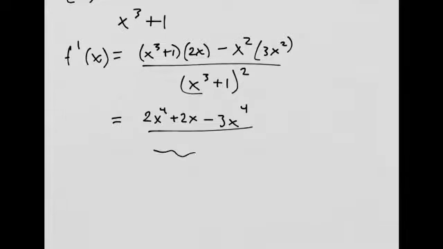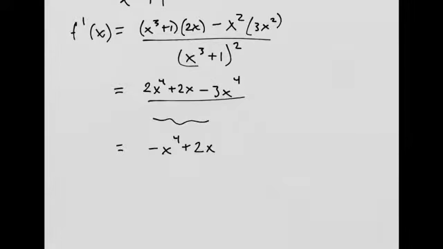And I don't really care about the bottom. So 2x to the 4th minus 3x to the 4th. That's just negative x to the 4th plus 2x. And that means I can factor out an x. Maybe a negative x. I'm going to factor out a negative x.